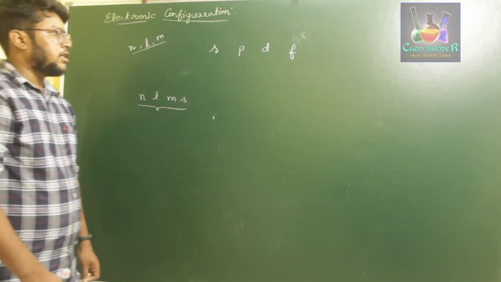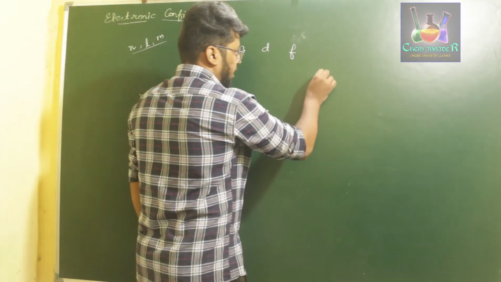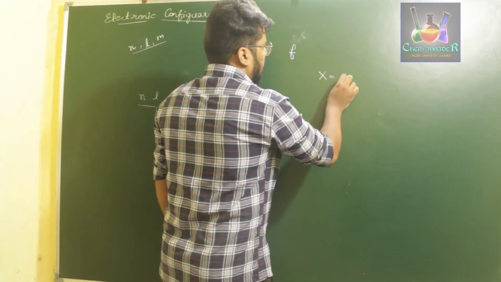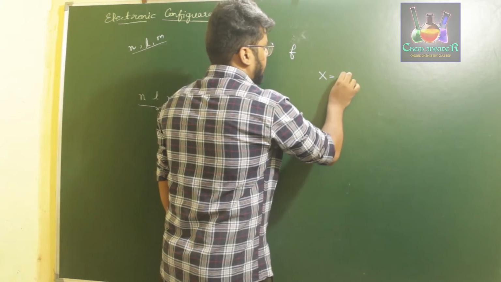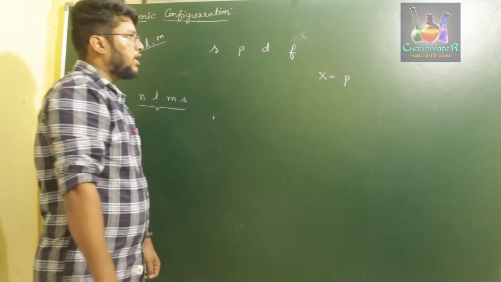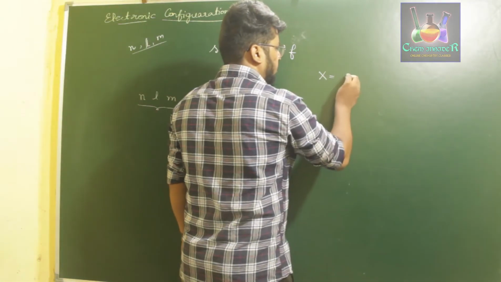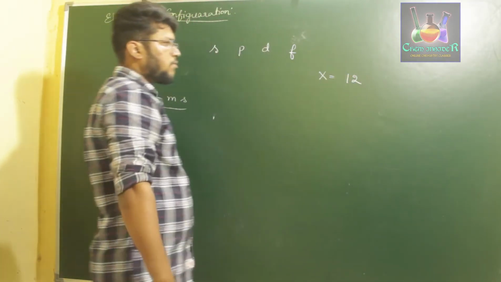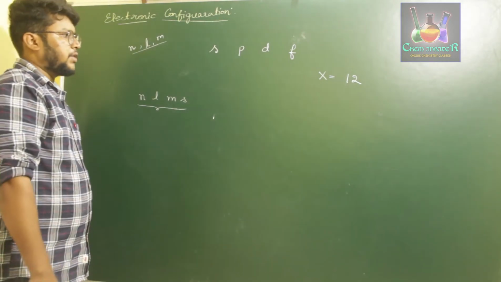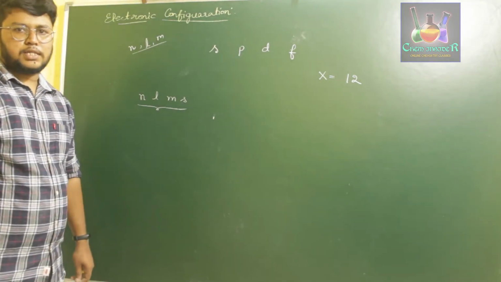Let us say an atom of X has 12 electrons present in it.